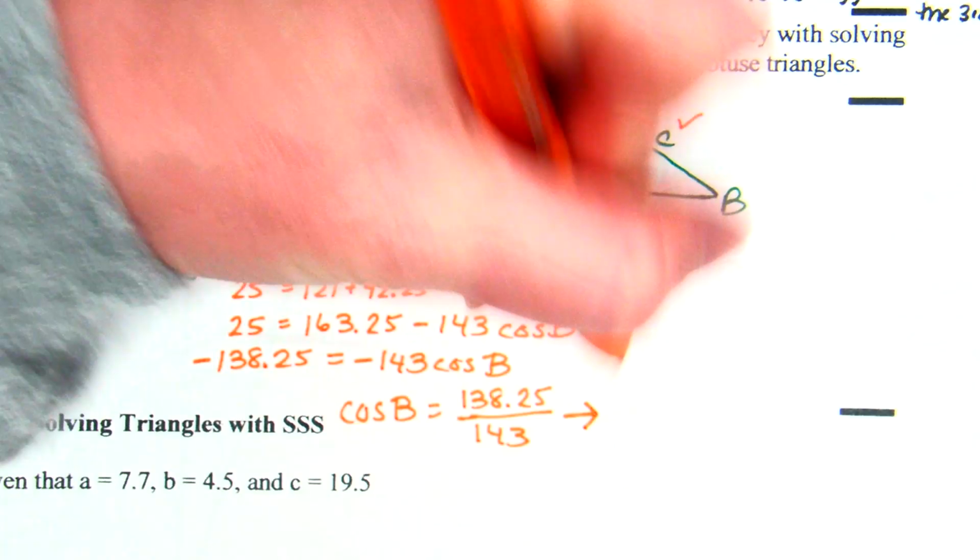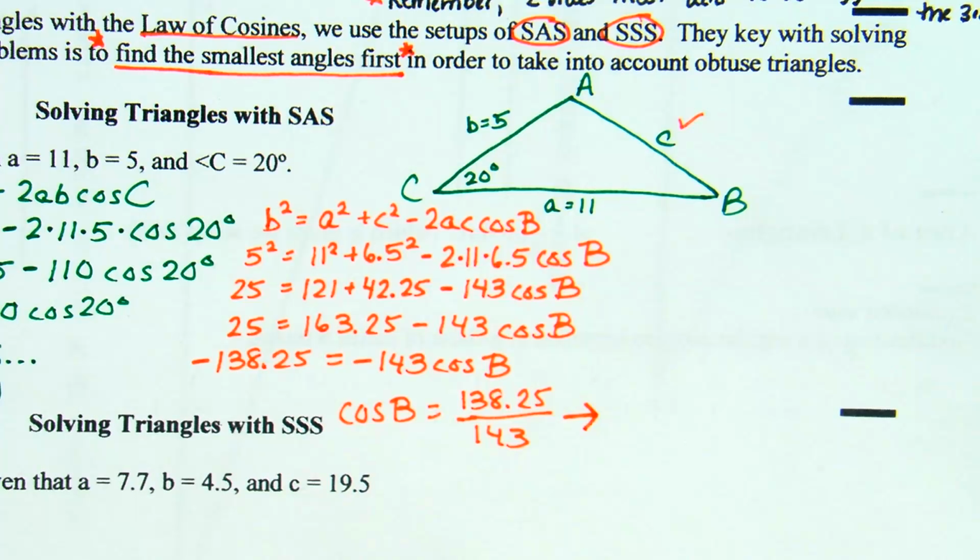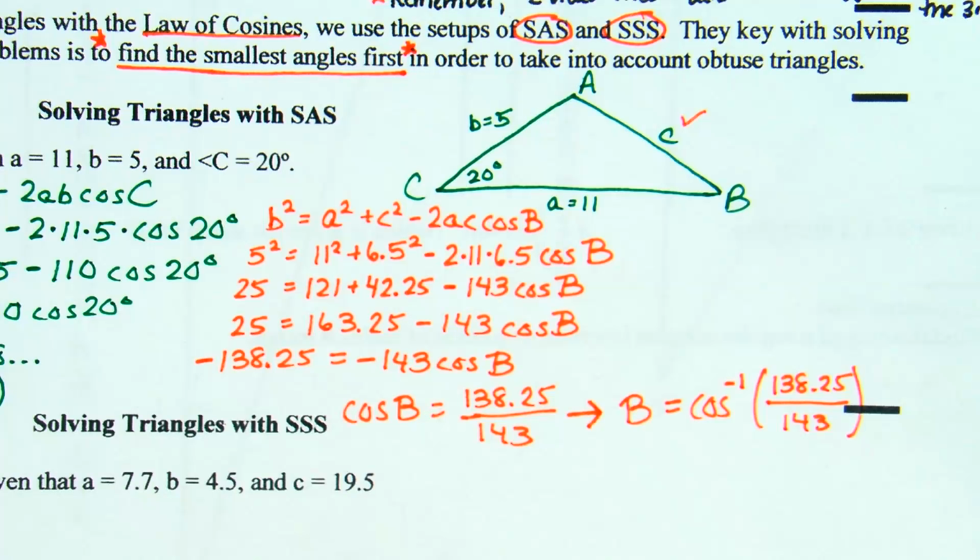What do I do to finish this then? If I have cosine B equals this fraction, angle B is going to equal cosine inverse of the fraction 138.25 over 143. Grab the calculator, do the math if you haven't.